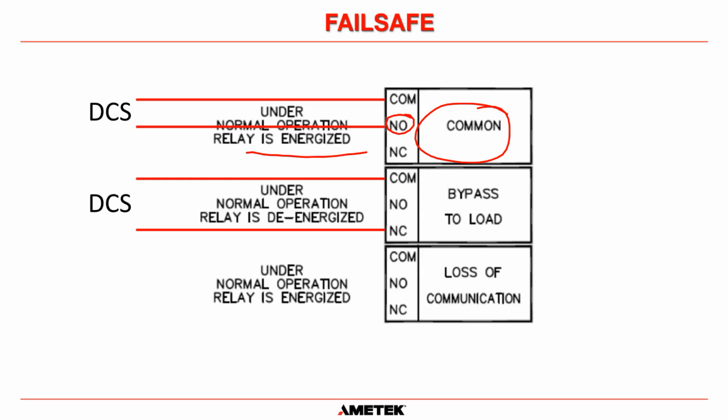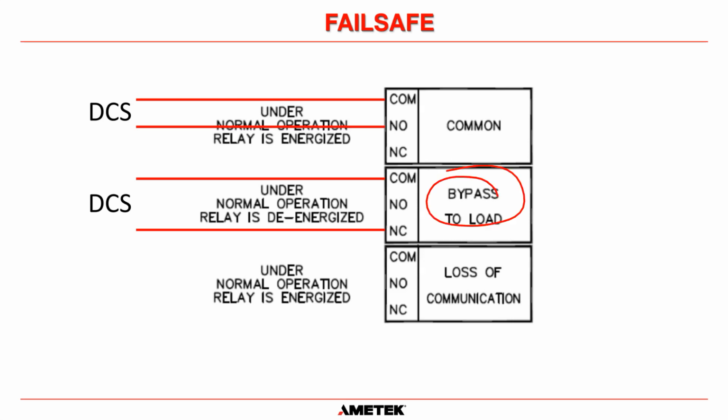So the normally open with respect to common terminal will be closed in normal operation. And then only when the UPS goes into alarm, that is now no longer normal operation, this will go to de-energized. It will change state and it will go to the normally open state. Hopefully that makes sense.